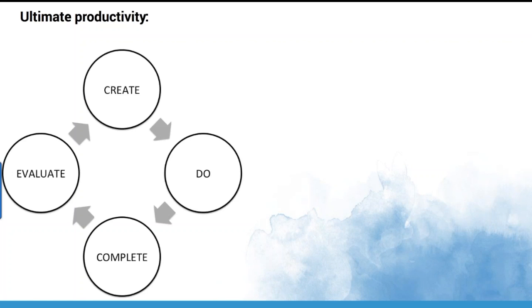So you've seen how you can monitor progress and know what's working and what's not using advanced analytics. But productivity comes from 5 activities: create, do, complete, evaluate, and repeat. Territory management creates segmentation.